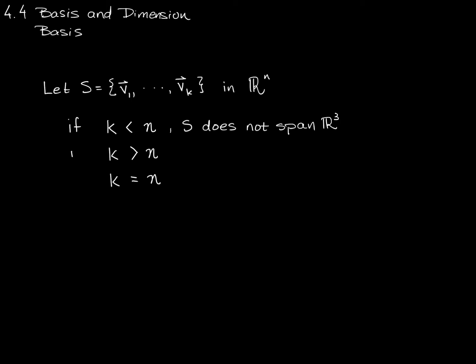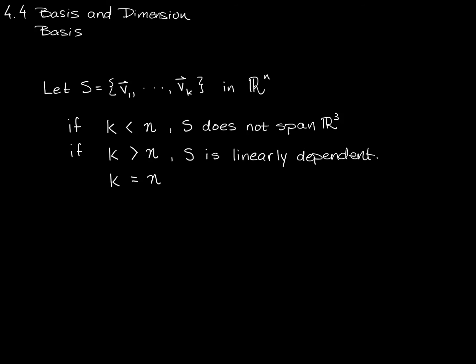If K is too big, if you have more vectors in your collection than you do dimensions in your space, say you have 3 vectors but you're in R2, then one of those vectors must be a linear combination of the other 2, right? So if K is larger than N, if there are more vectors than there are dimensions in your space, then S is not linearly independent, so S is linearly dependent.